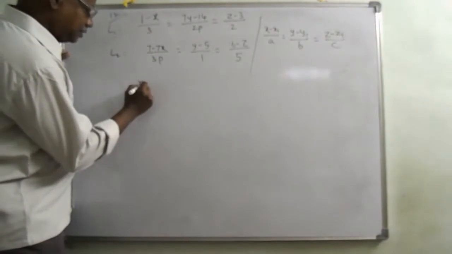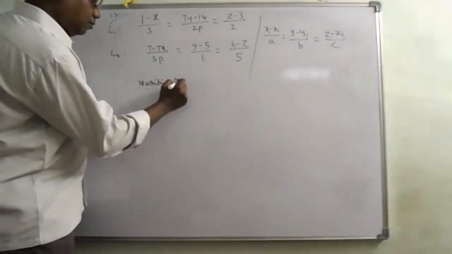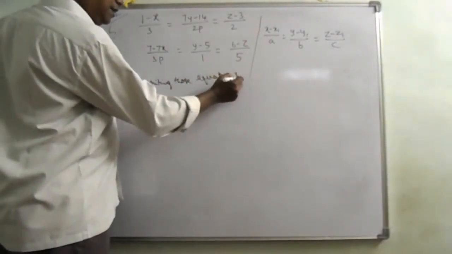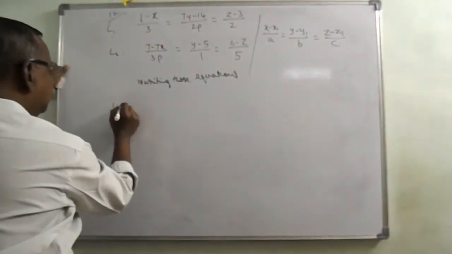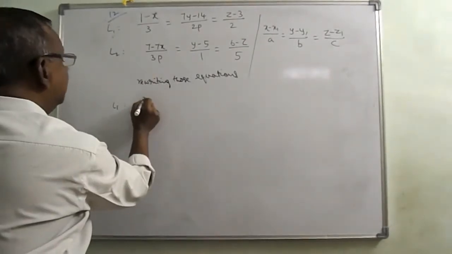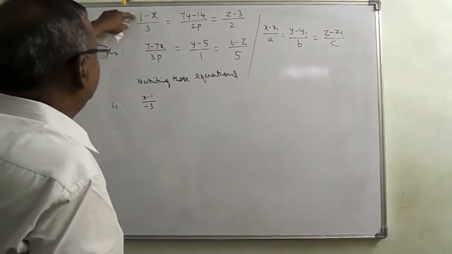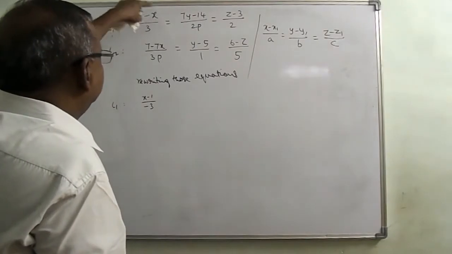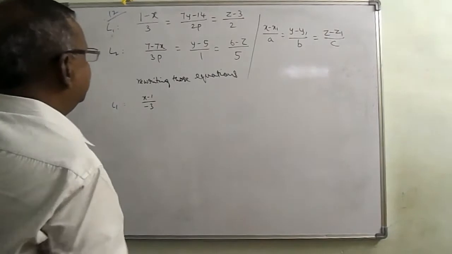So rewriting the given equations. The first line L1 can be written as (x minus 1) by minus 3. That is, we are multiplying both numerator and denominator by minus 1. Therefore, the first rational expression becomes (x minus 1) divided by minus 3.